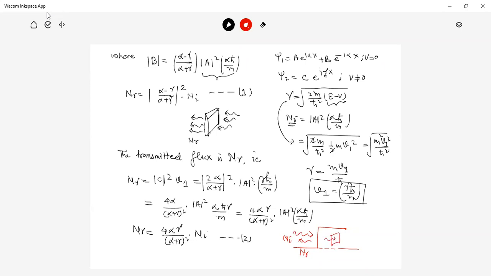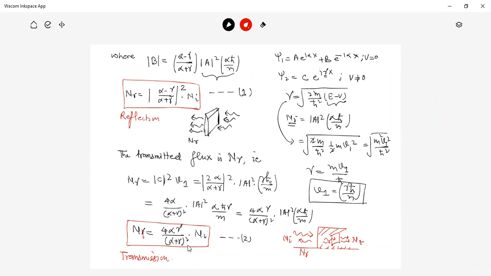So this is the transmission flux, that is Nt. So the second one is Nt transmission, and here it is Nr reflection. This is the reflection case, and here it is the transmission case.